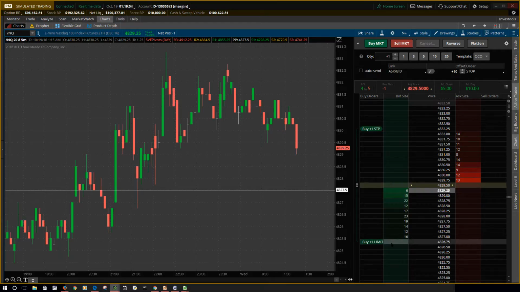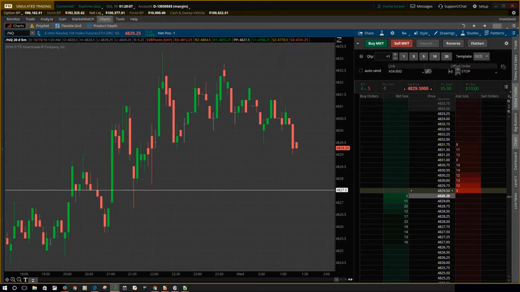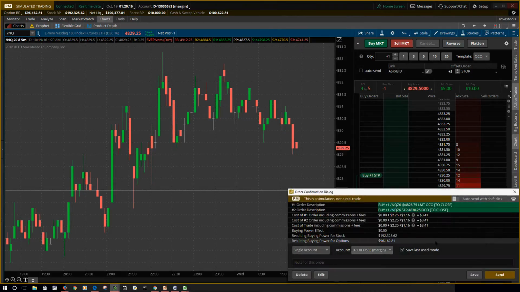I'm going to click down here. You can adjust the price level on your stop right here, and it looks like it's by ticks. And I'm going to place a limit order here. Now it brings up my confirmation.